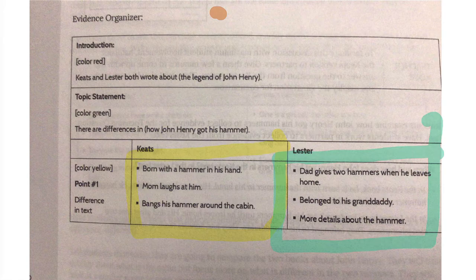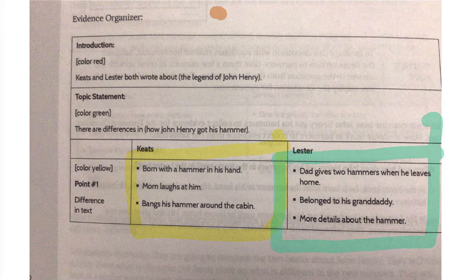On the Keats side, we have born with a hammer in his hand. Mom laughs at him, bangs his hammer around the cabin. Then we have Dad gives 2 hammers when he leaves home. Belong to his granddaddy, and more details about the hammer. So this tells us what is different in both of the books.